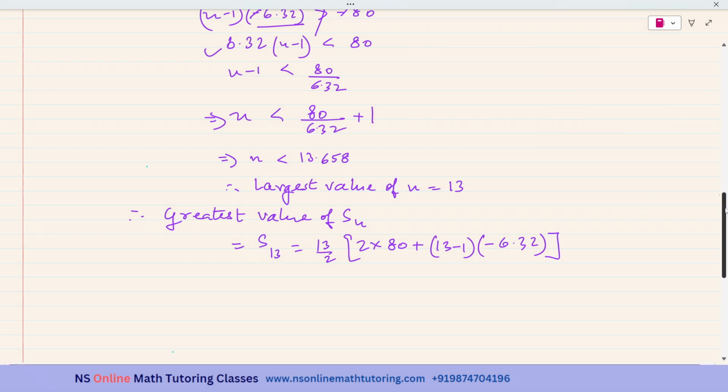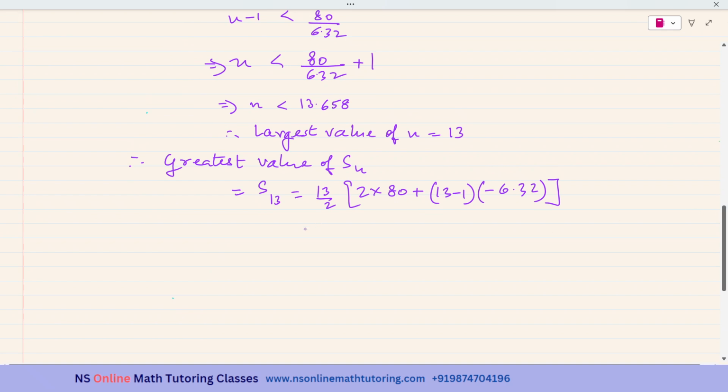Now we have to use the calculator. I can simplify this a bit. 13 over 2 is 6.5. 2 times 80 is 160 and 13 minus 1 is 12 times negative 6.32. I could have changed this to minus, but anyway.